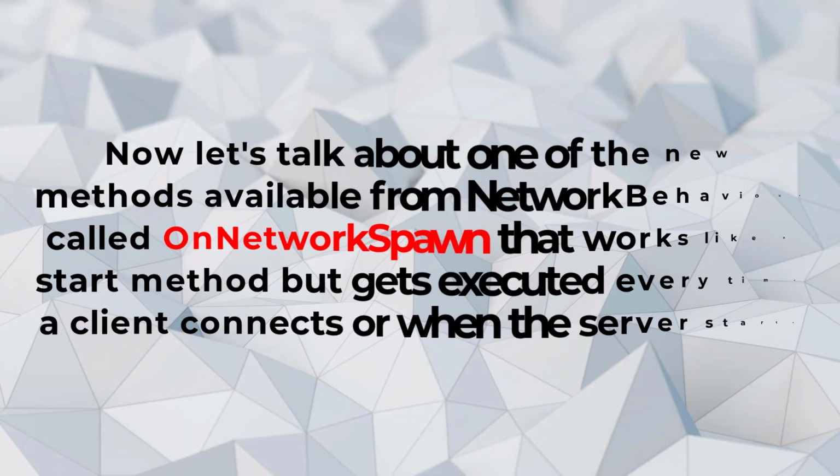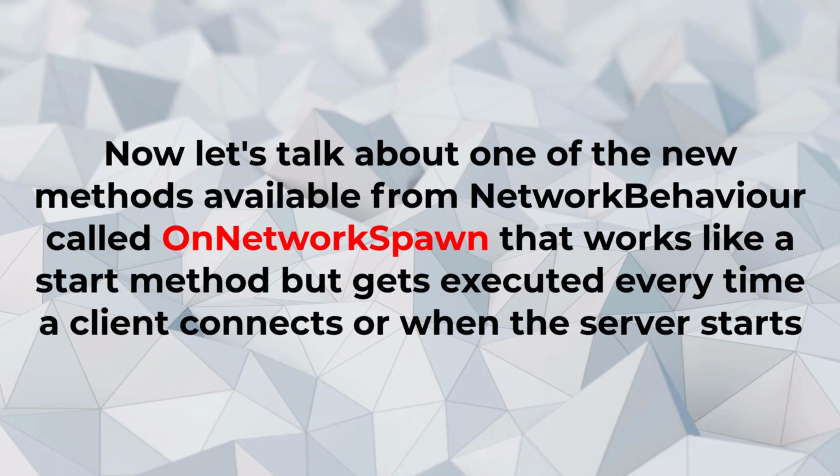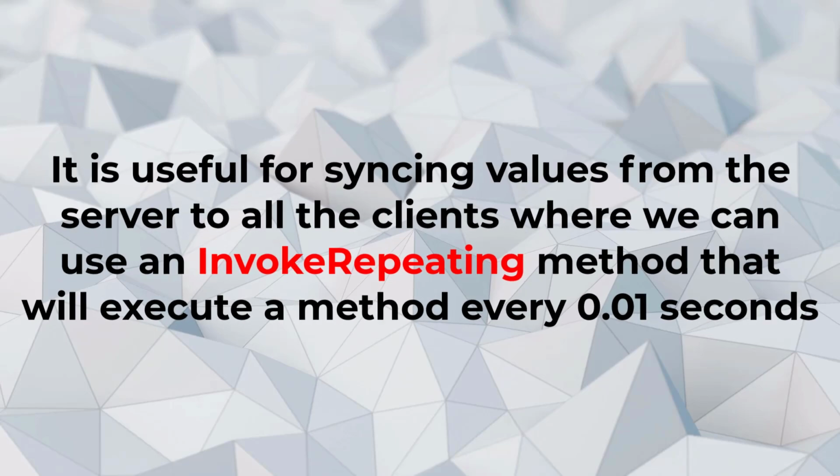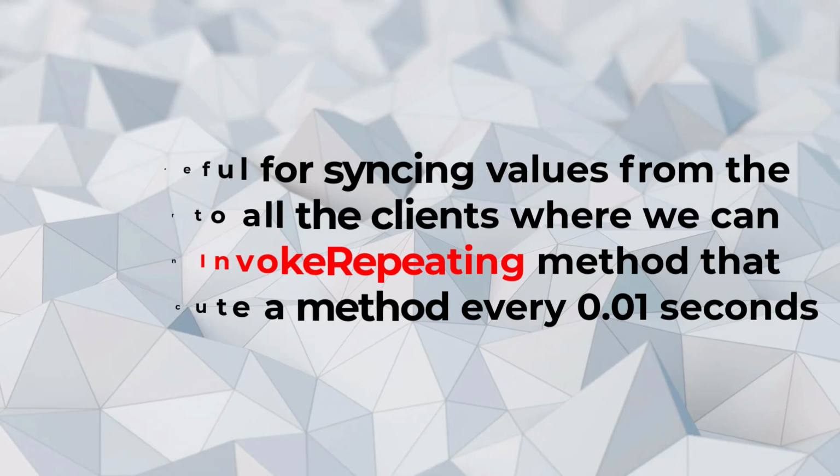Now let's talk about one of the new methods available from NetworkBehaviour called OnNetworkSpawn, that works like a Start method but gets executed every time a client connects or when the server starts. It is useful for syncing values from the server to all the clients, where we can use an InvokeRepeating method that will execute a method every 0.01 seconds.